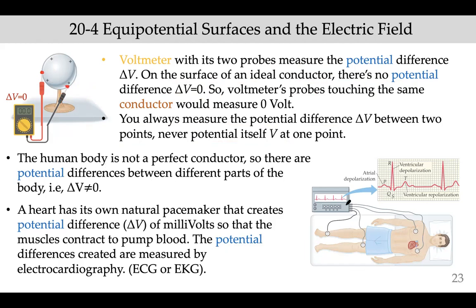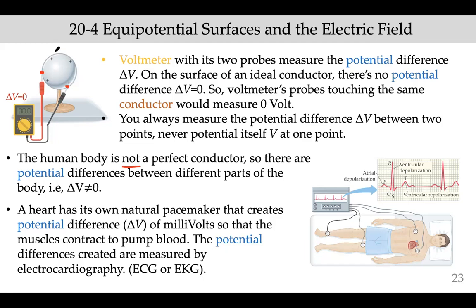Now, if we come to the human body, you know that the human body conducts electricity, and that's why we get an electric shock when we touch high voltage. So the human body is a conductor, but it's not a perfect conductor.